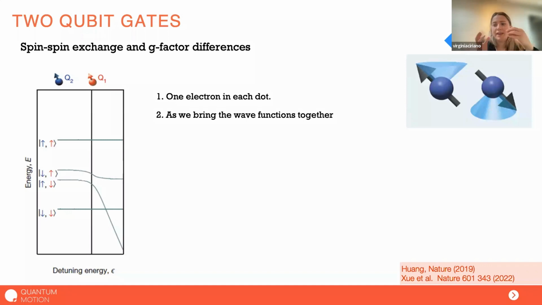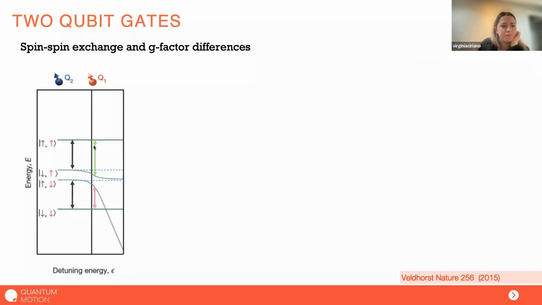So when the electrons become delocalized and the wave functions are together, the electrons create the bonding and anti-bonding states. So the 4 states that we had before now have slightly different energies. And this is called the exchange, spin-spin exchange or exchange interaction.